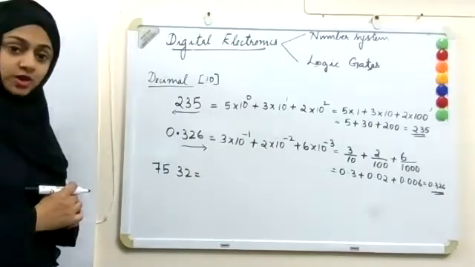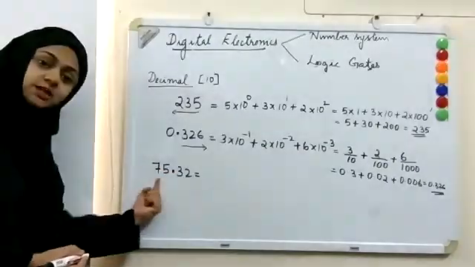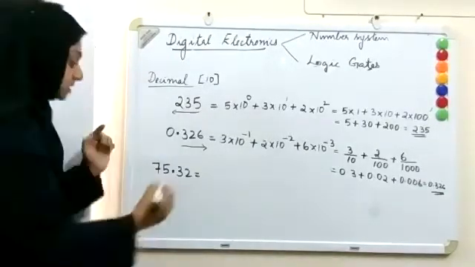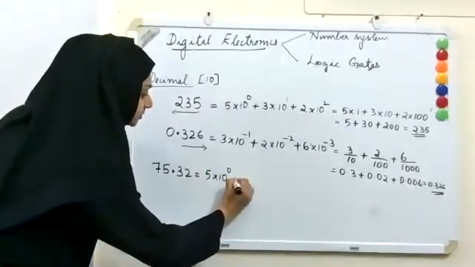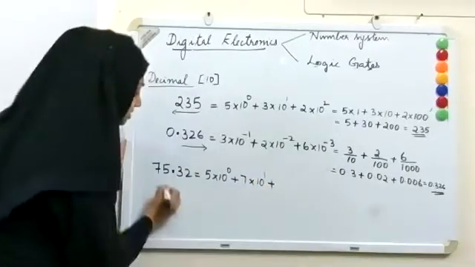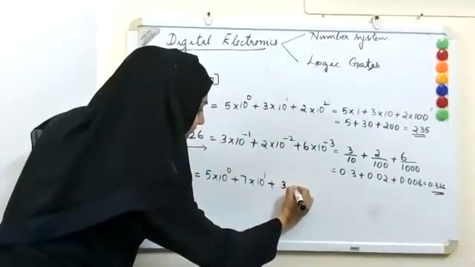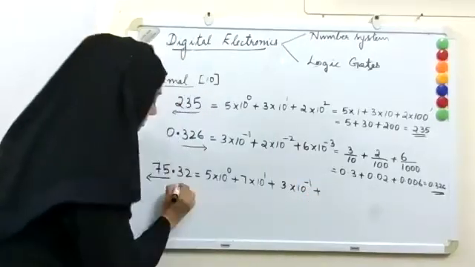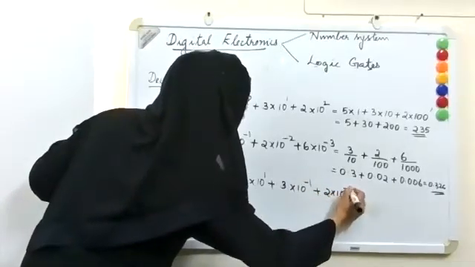How will I represent the number just before the decimal point? 5 into 10 raised to 0, plus 7 into 10 raised to 1, plus 3 into 10 raised to minus 1, plus 2 into 10 raised to minus 2.